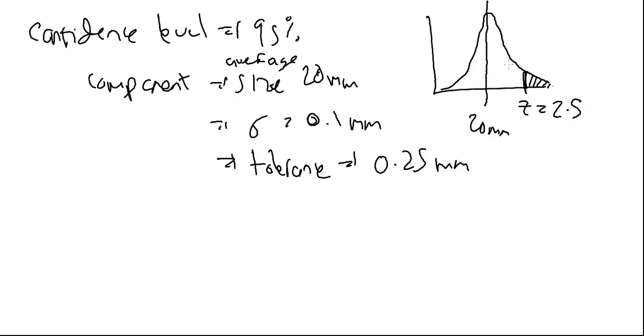And then in that question, we also had to remember that it's symmetric, so components could be more than 0.25 millimeters bigger than the average, or they could be too small. And so we had to double the probability.